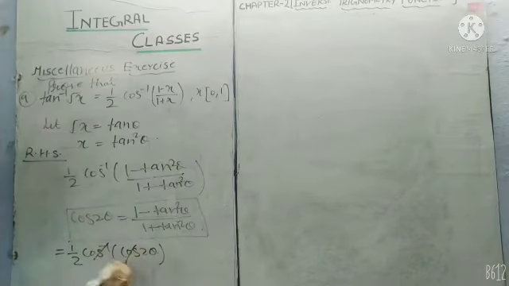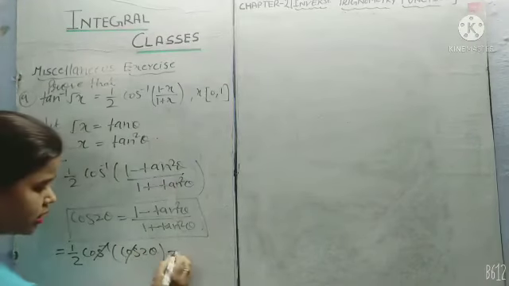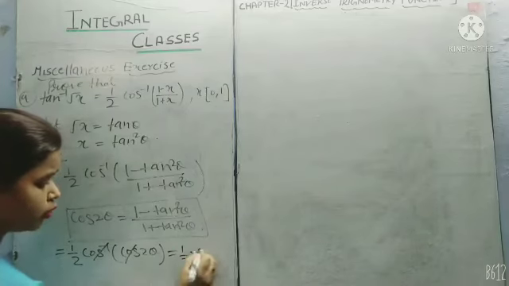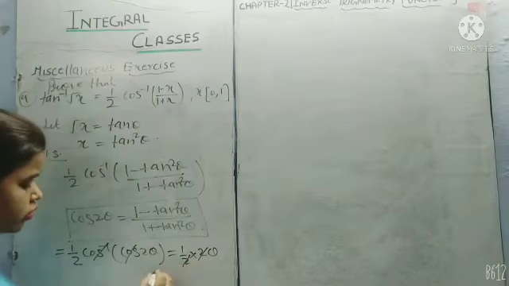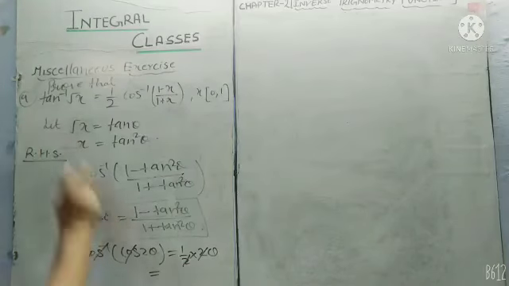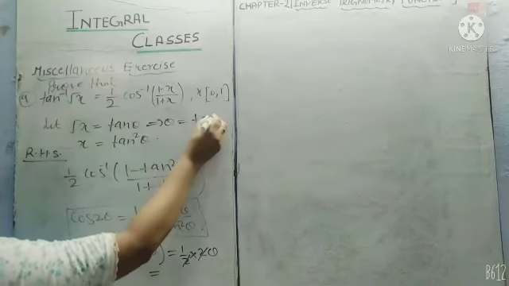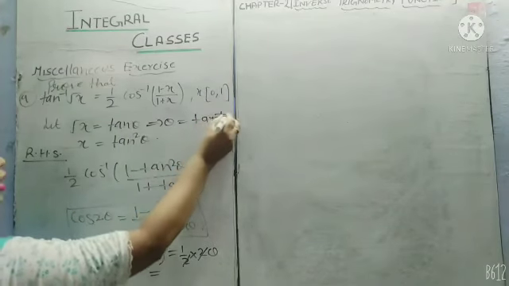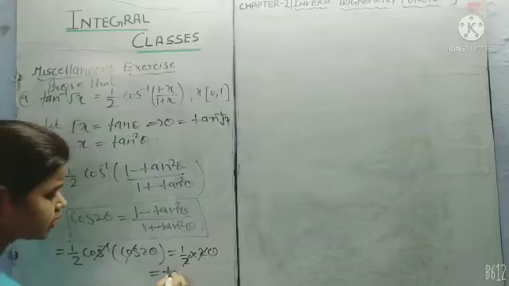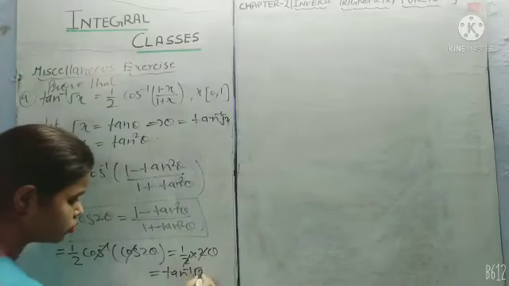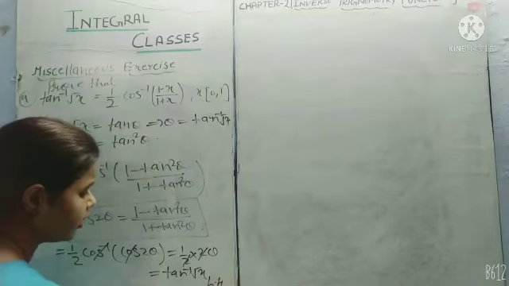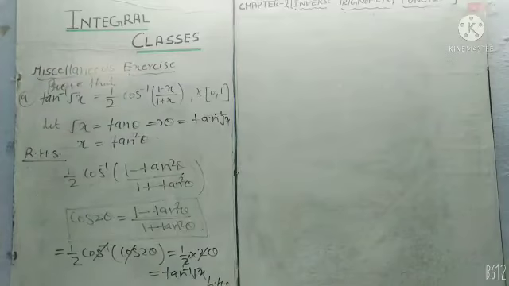Now cos inverse and cos cancel. 1 by 2 into 2 theta, then 2 is also cancelled. Then theta equals what? If we find theta, it becomes tan inverse root x. So the answer is tan inverse root x, which is the left hand side. Hence proved.